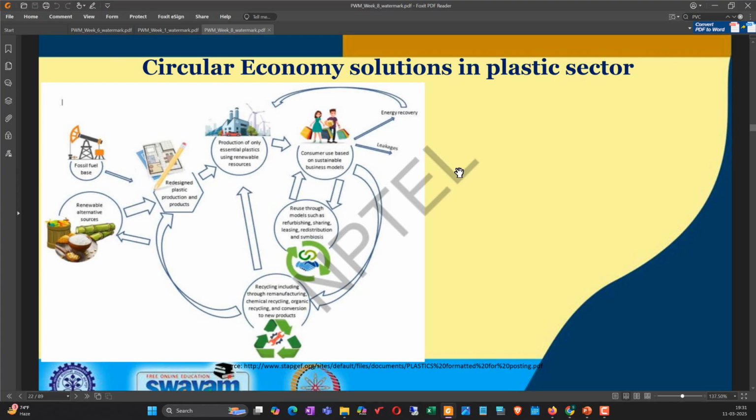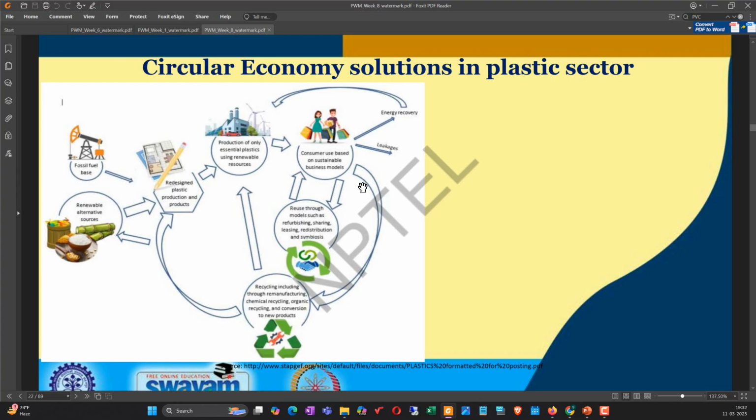So now from the recycling, also you can go for this. Whatever product is coming after recycling will again go to the production of only essential plastics using renewable resources, right? And also from here you can go for product design, plastic production, and the products that are coming out, right? So this is the solution slide, which is actually following the circular economy.